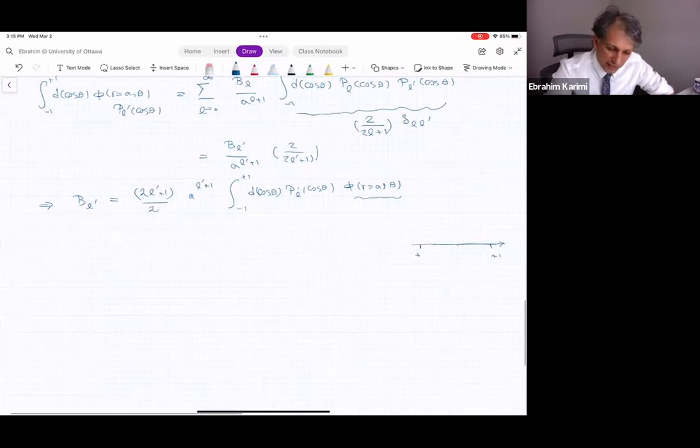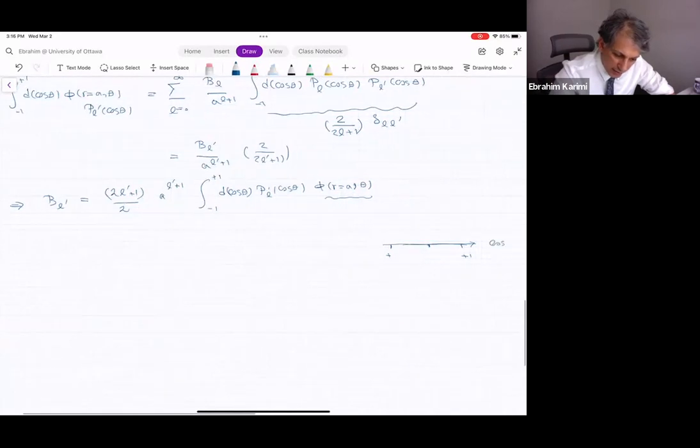And of course, at the equator, we have cosine of theta equal to 0, then the jump will happen.